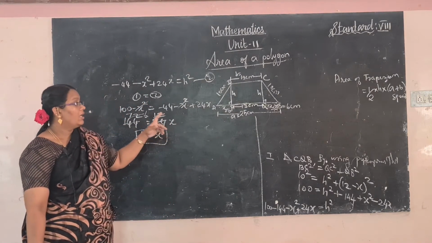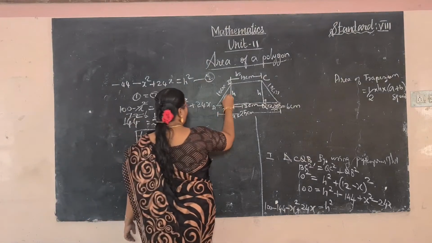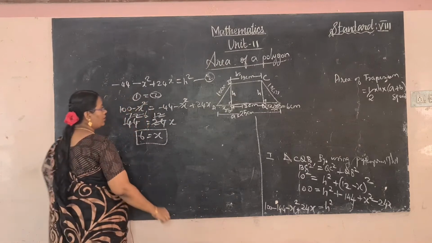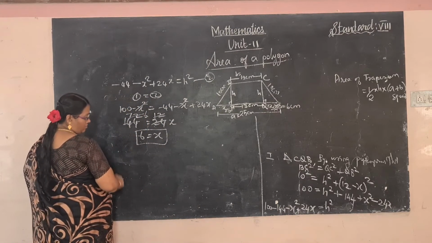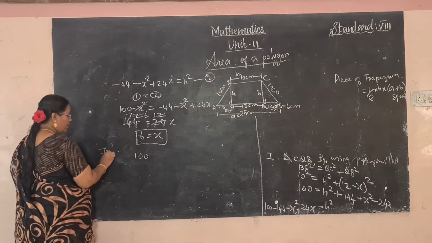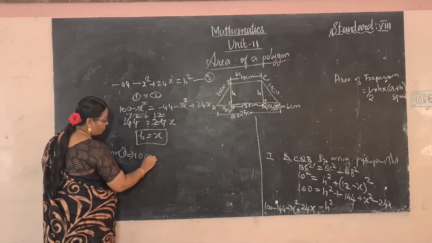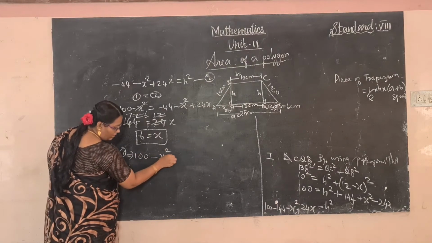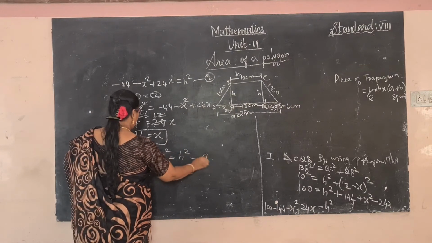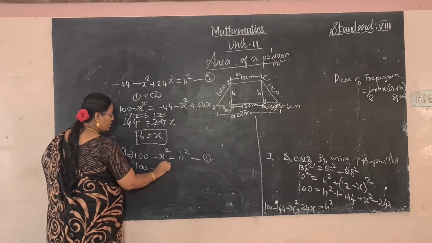Now we find the value of h. You know these two sides, using the Pythagoras statement. What is the Pythagoras statement here? From equation 1, 100 minus x squared is equal to h squared.